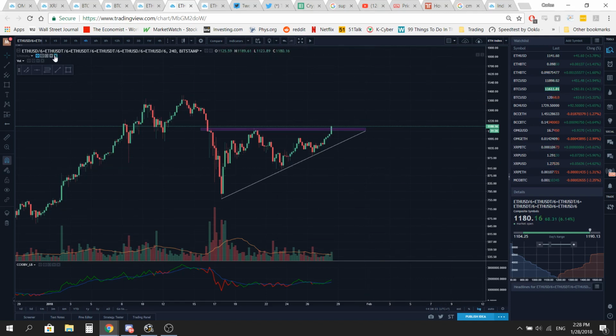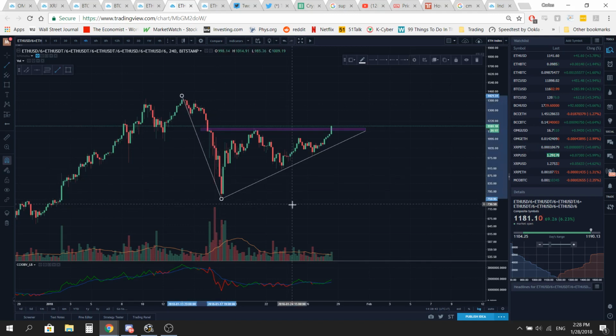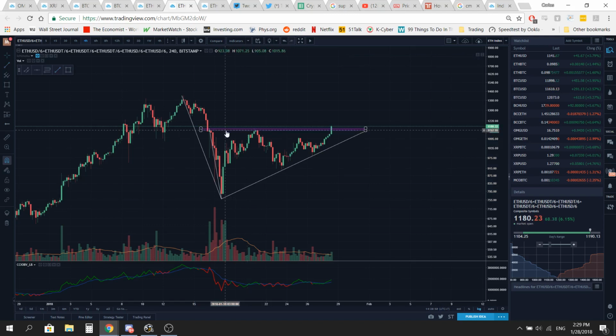So the first way I'll find my targets is I will take the recent swing high here, this candle, and I'll go straight down to the low, and then I'll take my second measured move from the height of the triangle itself. Okay, so just from this horizontal resistance zone down to the triangle low.